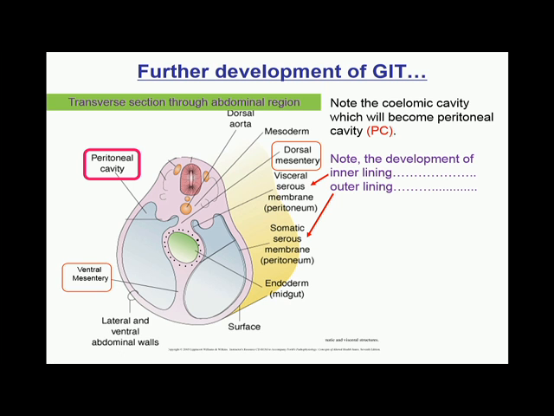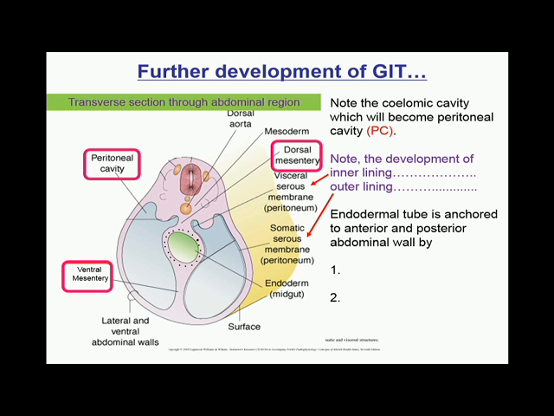That's an important thing. Although developmentally they are different, it's a continuous layer, just like your parietal and visceral pleura.